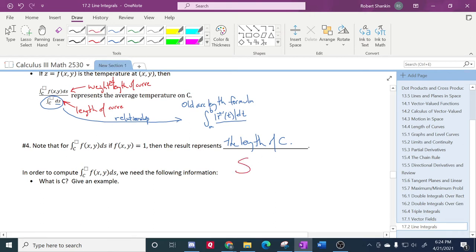Let's start again at 15 minutes to 39. And we'll pick up here. We'll ask about C and we'll ask about ds, so that we can start to actually compute line integrals.